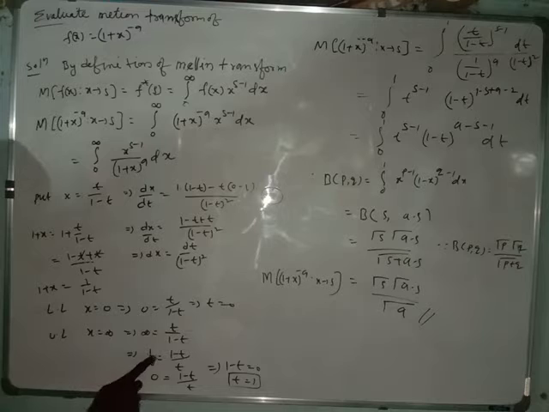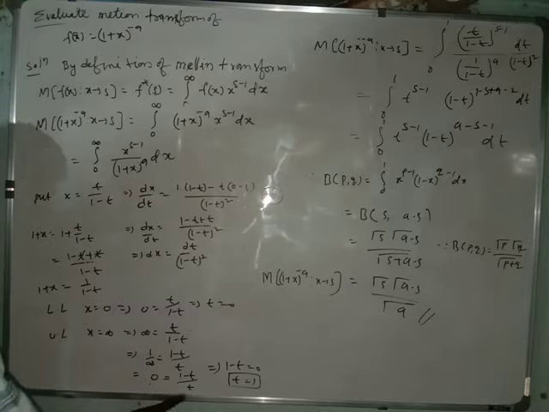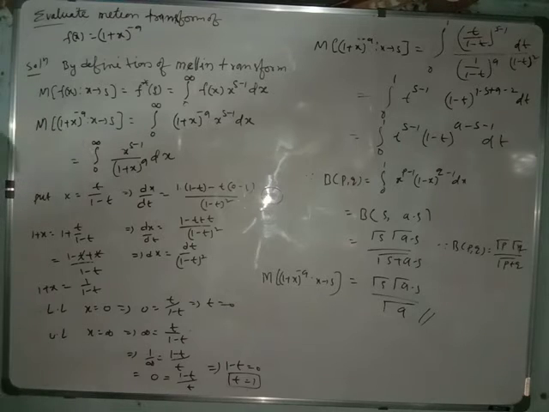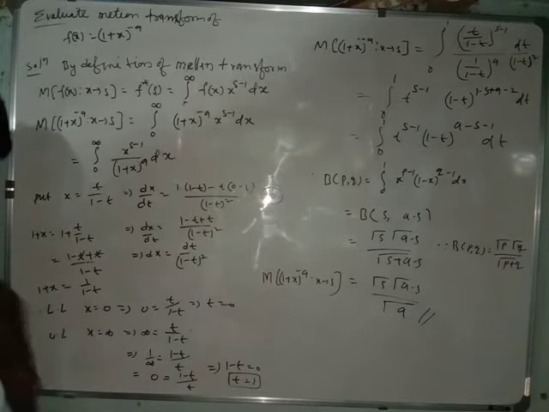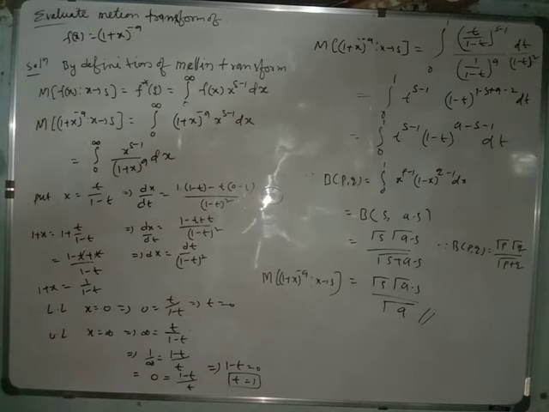This means 1 by infinity equal to (1 minus t) by t. Now 1 by infinity is 0, equal to (1 minus t) by t. Taking t to this side, we get 1 minus t equal to 0, t equal to 1. Here the upper limit of t is 1 and the lower limit is 0.